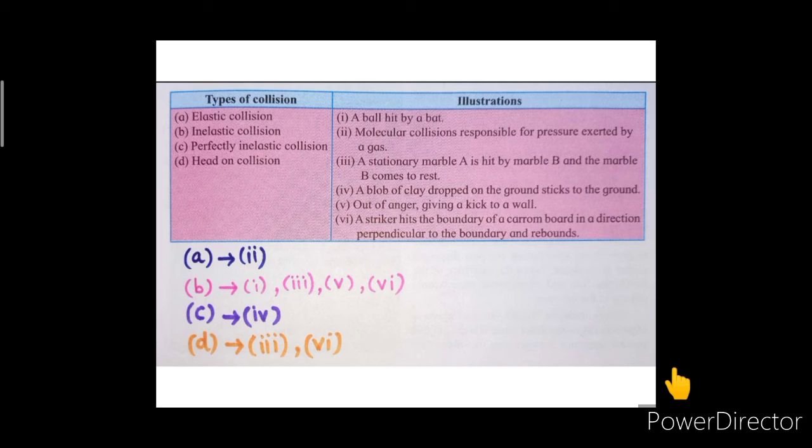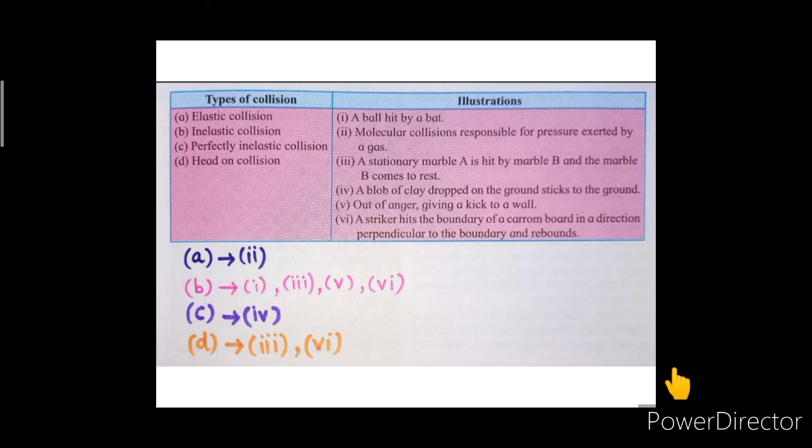Such a collision is said to be the head-on collision.